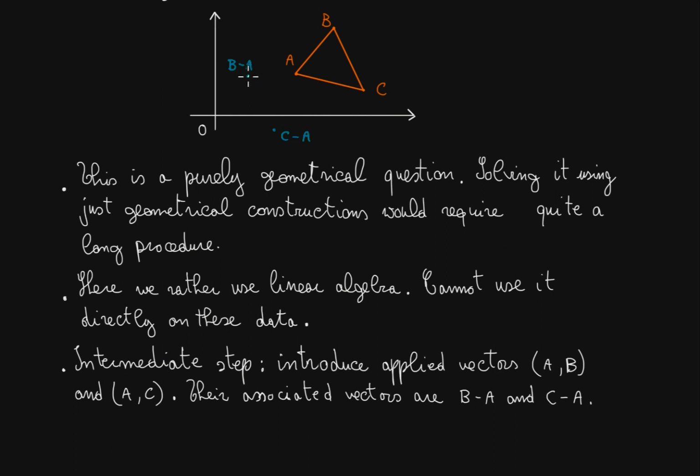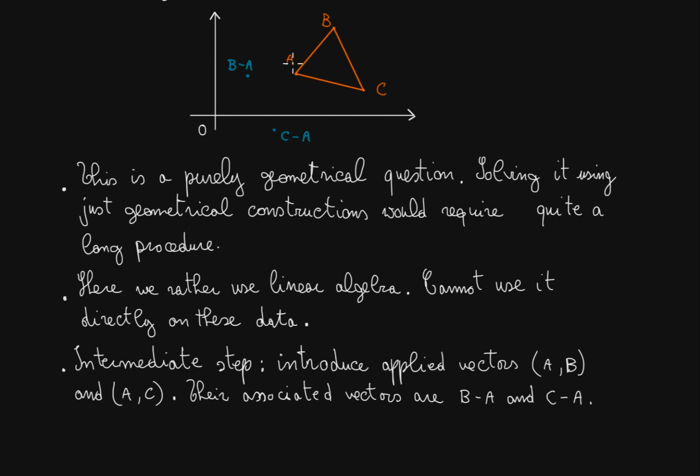Well, we can imagine now that we associate the real vector even to A, seen as an applied vector in itself. So that means that A should be sent to A minus A, which is the origin.